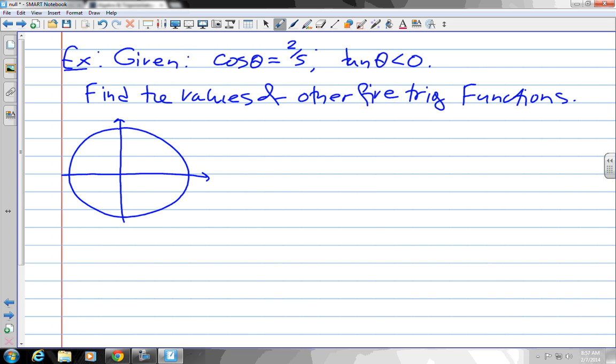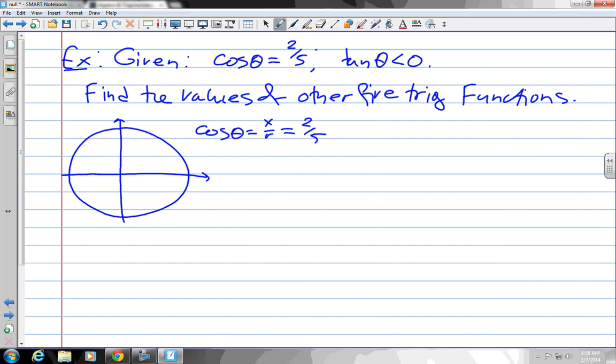So the way I think of this, the cosine theta is x/r, right? That's what we agreed on. And what's given to me is that it equals 2/5, right? So just a wild guess, what do you think the values of x and r are? 2 and 5. X is 2, r is 5. So the radius of the circle is 5, right?